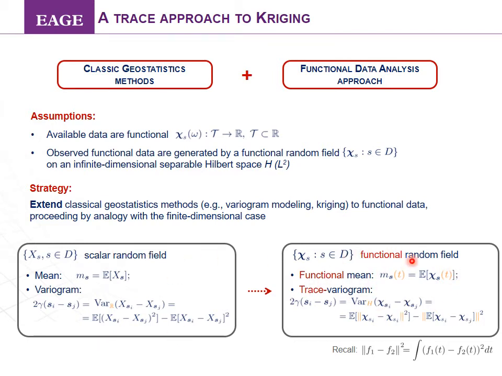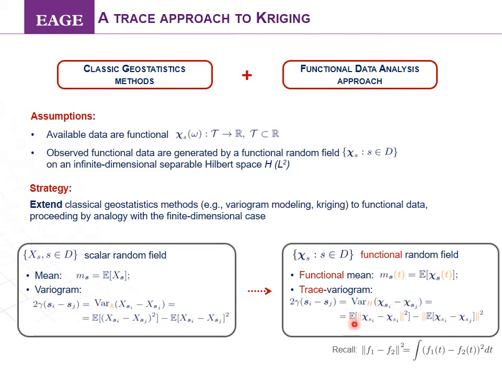Now I don't have scalars, but I have functions, so I can calculate the mean of the function, which is an expectation over these functions. This is the definition of that expectation. And we calculate what's called the trace variogram. You notice that the trace variogram, again, is the variogram defined of functions that are a certain distance apart from each other.